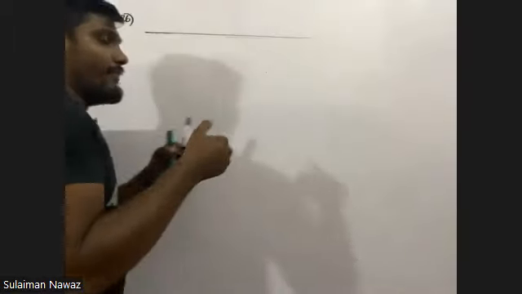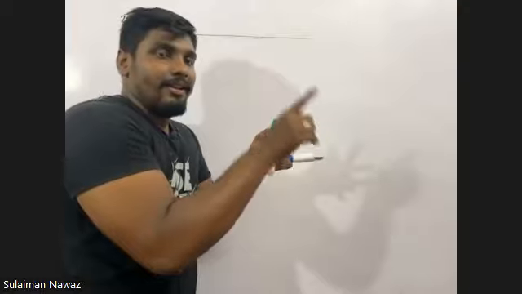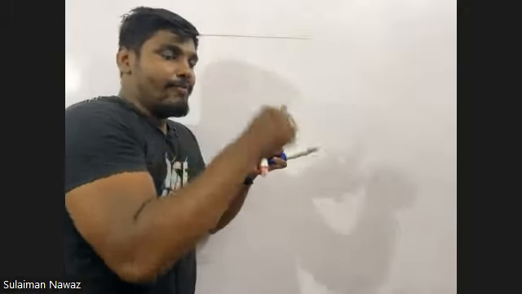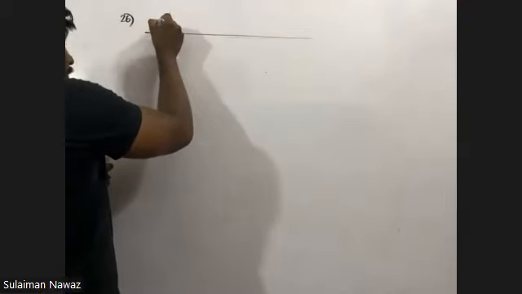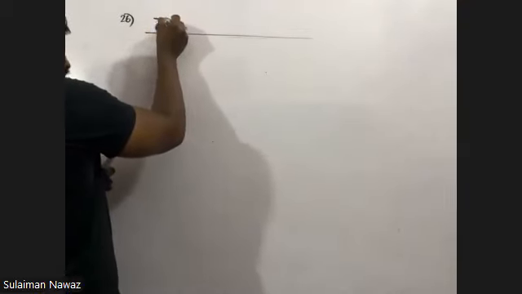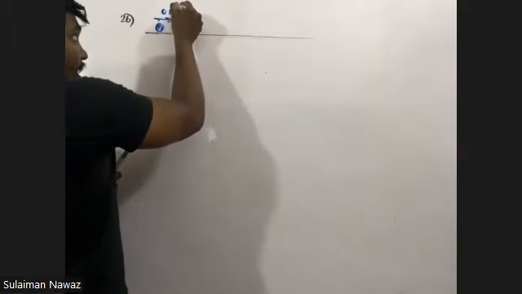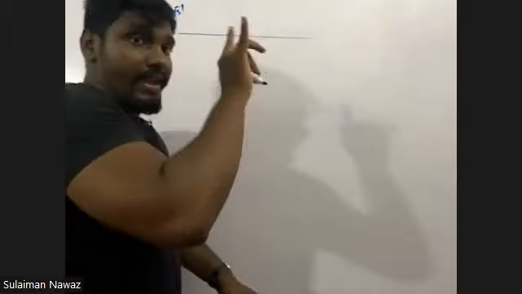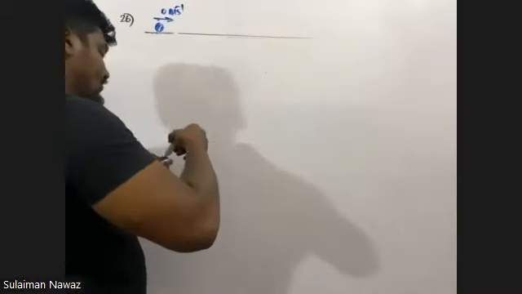Now, when that person is talking with the other person, the vehicle has already started moving, under constant acceleration. The initial velocity of this vehicle is 0. It keeps on accelerating under constant acceleration.